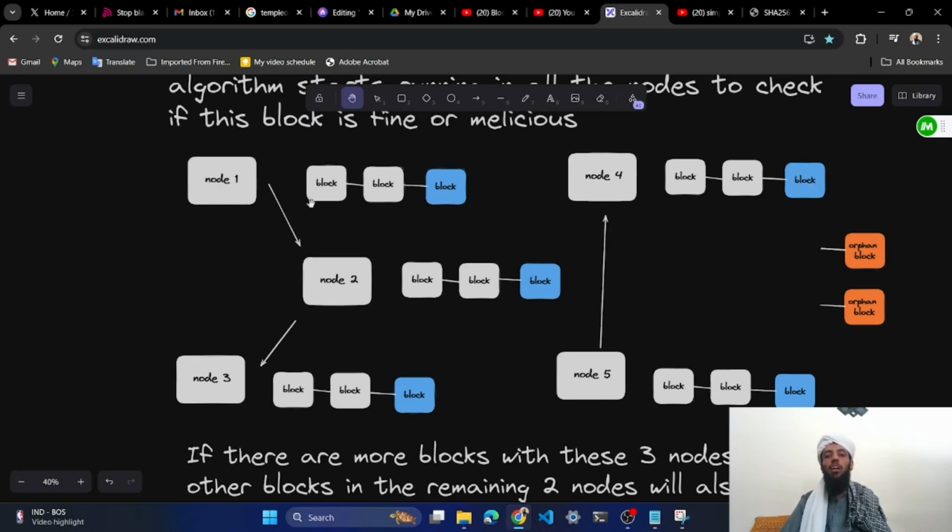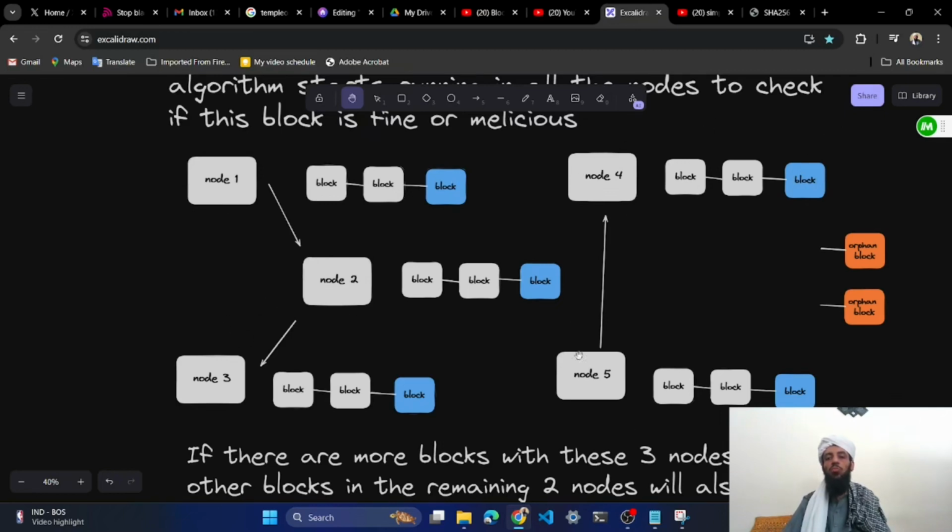Why? Because there are 3 nodes, and these 3 nodes have much more computation power as compared to these 2 nodes, because they have less power and these have more power. So as a result, these 3 nodes will be accepting this block.